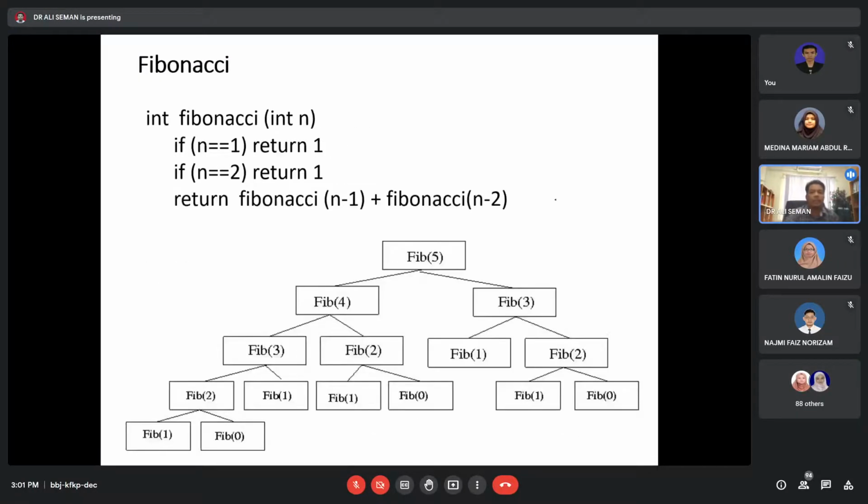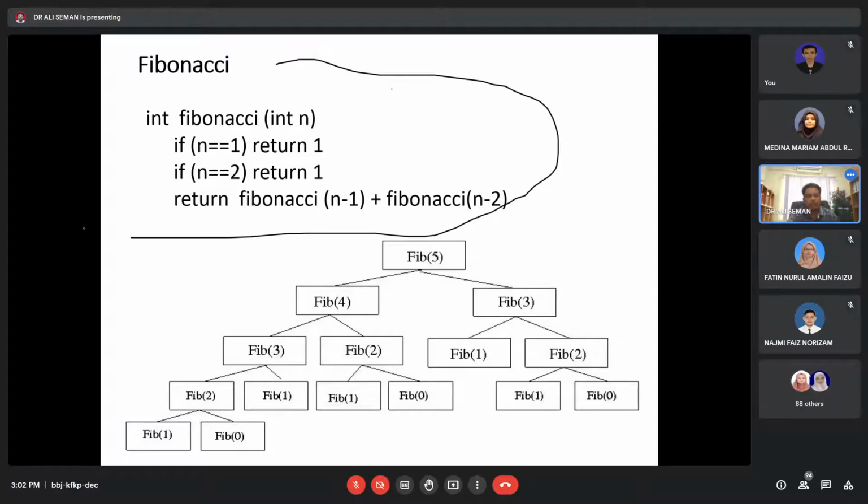Okay, and you can see this is actually from the perspective of the brute force style, where we just write like this: if n equals 0, return 0, and if n equals 1, return 1. Otherwise, return Fibonacci of n minus 1 plus Fibonacci of n minus 2.